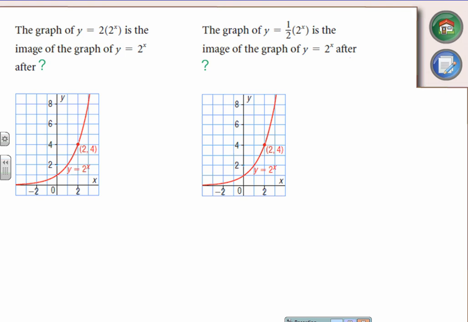And finally, let's look at our last transformation there. In this one, we've got 2 in front, which really came from the other side of the equation. It really came from y being replaced with 1/2 y.